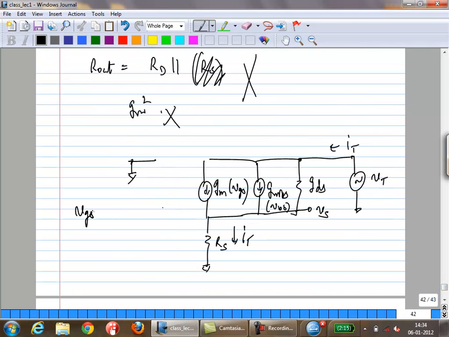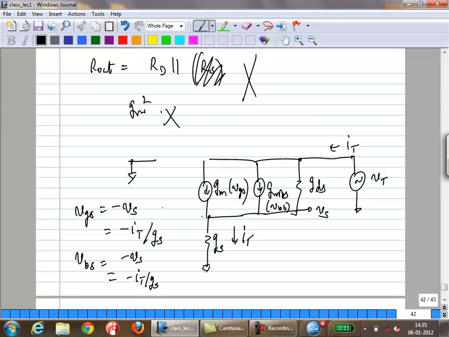So first of all, VGS is minus VS, okay, which is minus IT times RS. Or let's write it in terms of GS, because let's just follow one convention. Okay. Right? Both of them are minus VS, which is minus IT over GS.